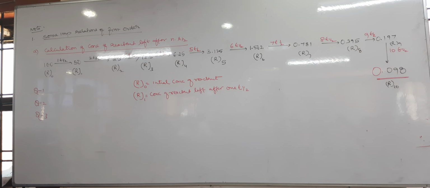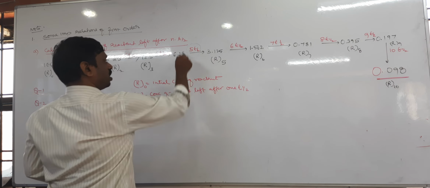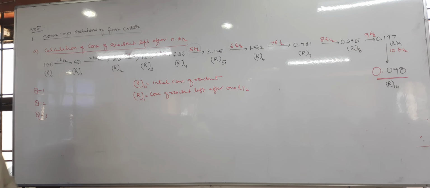To reduce to 3.125, how many t half are required? It requires 5 t half. So since it requires 5 t half, and 1 t half equals 5 minutes, 5 into 5, 25 minutes.